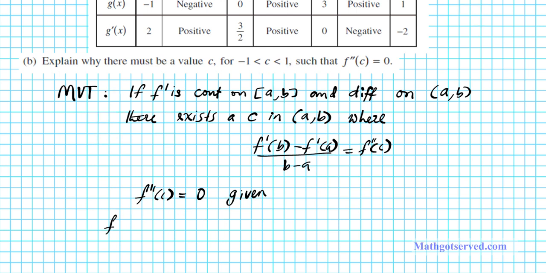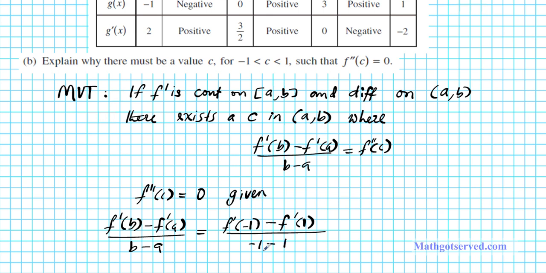So f prime of b minus f prime of a over b minus a, the slope of a secant line, is going to be equal to f prime of -1 minus f prime of 1 over -1 minus 1.